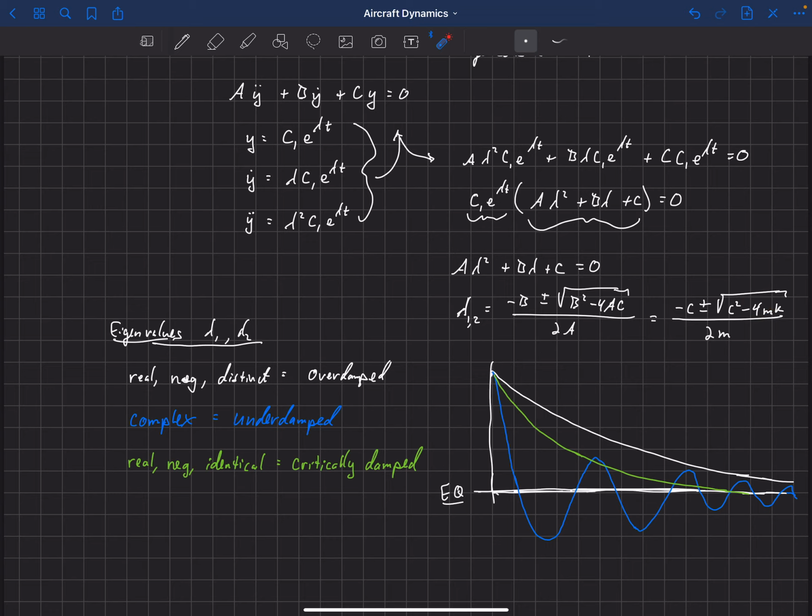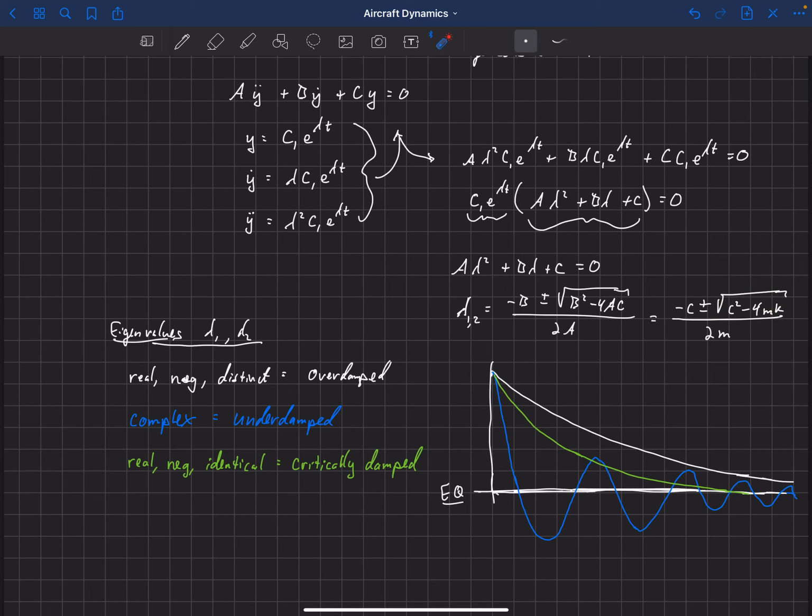For example, if c is much greater than these two, or if c squared is greater than this, then I'm going to get a real number out of the square root. It'll be negative and distinct if c is large enough, and then that'll be overdamped. Now, if c squared is smaller than 4mk, then I'm going to be underdamped. I'm going to get a negative under this radical, and so that will be a complex number.